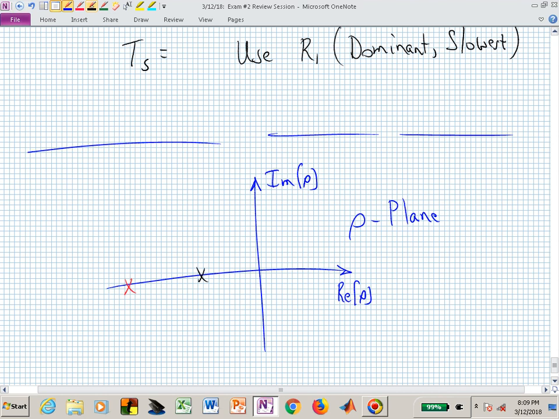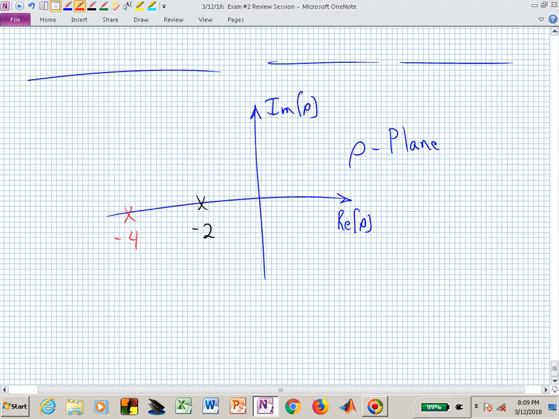Let's say this is -2 and this is -4. This is e to the -2t for its structure, and here is e to the -4t. Which one decays quickest? E to the -4t. So this red is fast, and this one is slow.